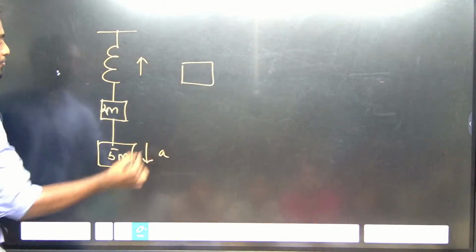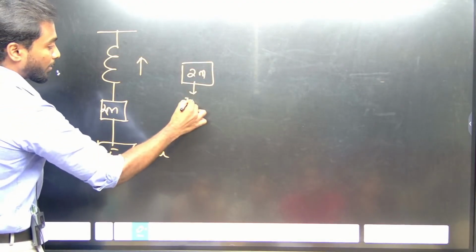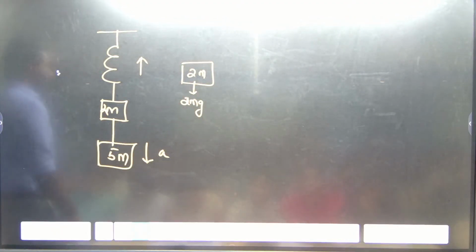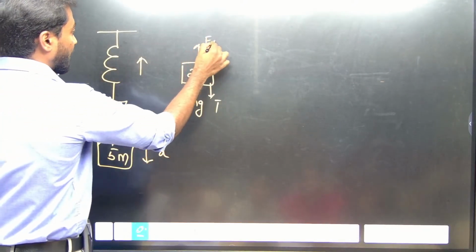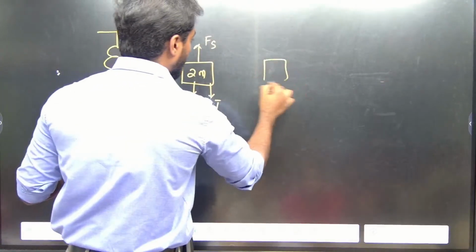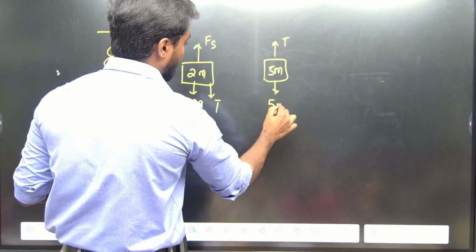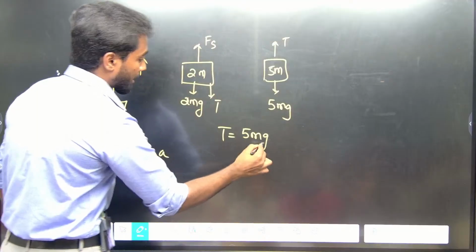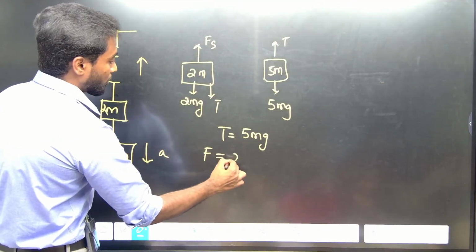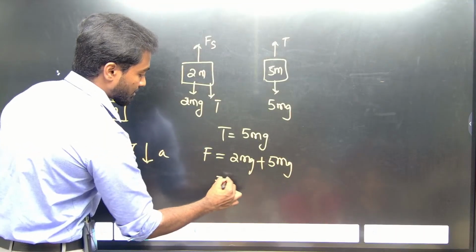Listen here. So the free body diagram for mass 2m. One is 2 mg downward, and tension is there downward, that is T, and this is Fs. For the second block, which is having 5m, tension will be upward, it is 5 mg. So can I say the equation T equals 5 mg and Fs will be equal to 2 mg plus 5 mg, which is nothing but 7 mg.